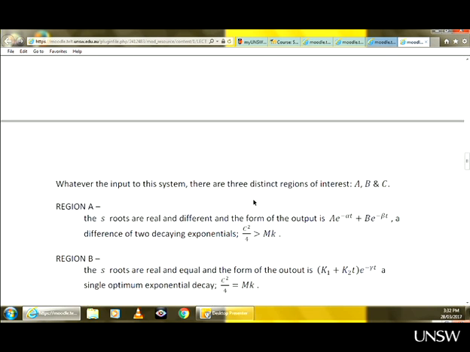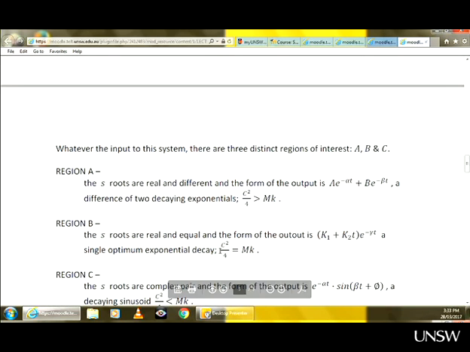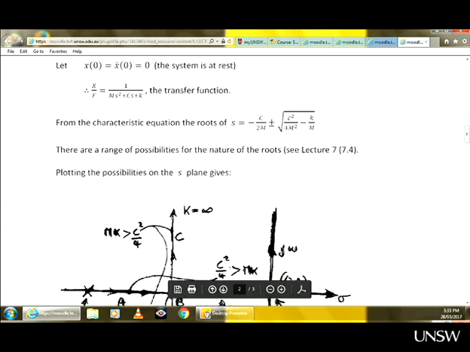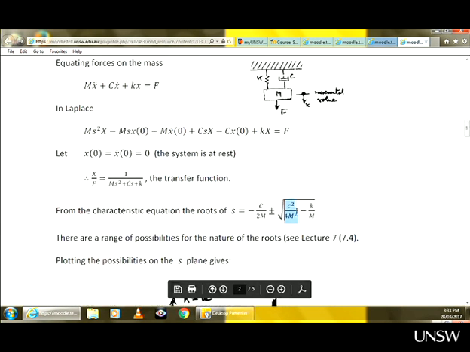Case B. When the discriminant equals 0, when C squared over 4 equals MK. In that case, this is 0, so the whole square root equals 0. So the roots are minus C over 2M plus minus 0. So you have two identical roots.